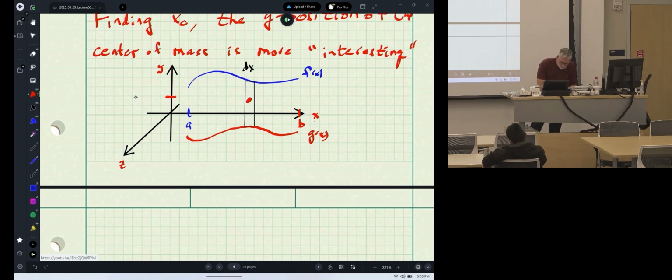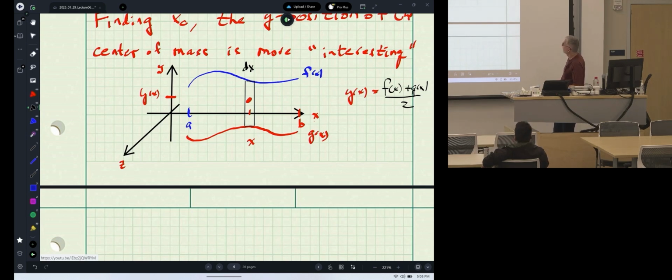I'm going to call this x, and I'm going to call this y of x. And y of x is equal to f of x plus g of x over 2. That's how you calculate midpoints between two numbers.